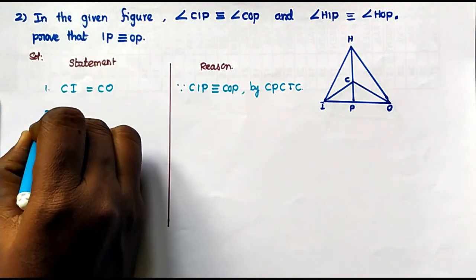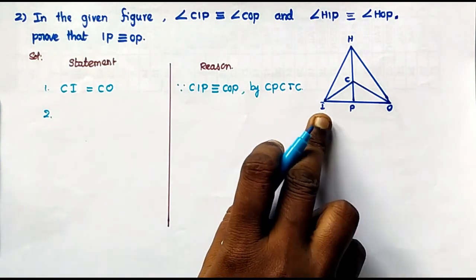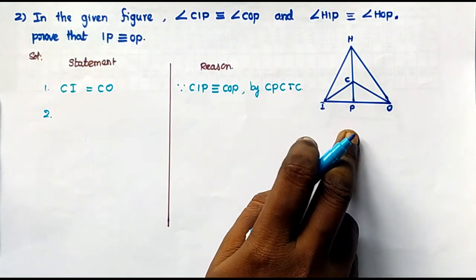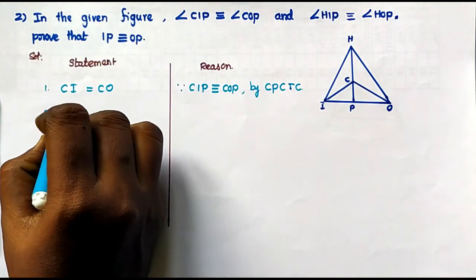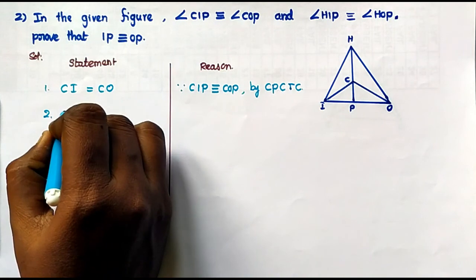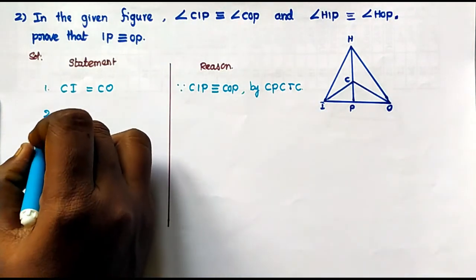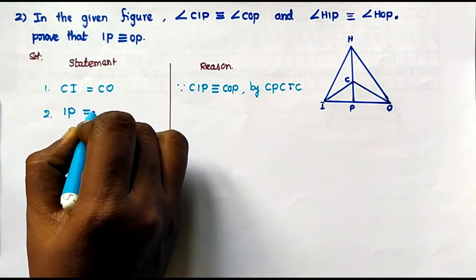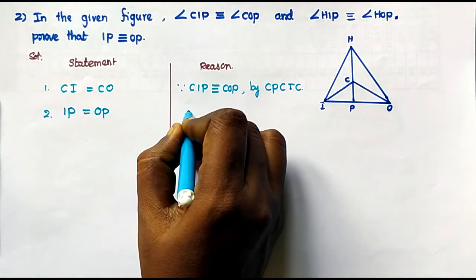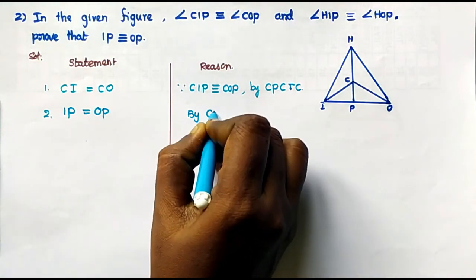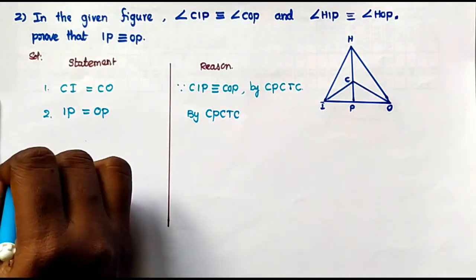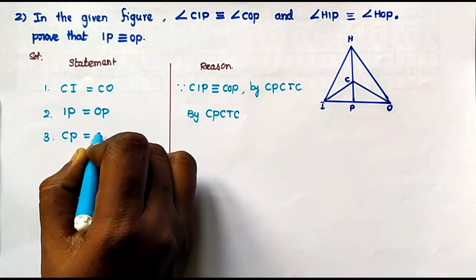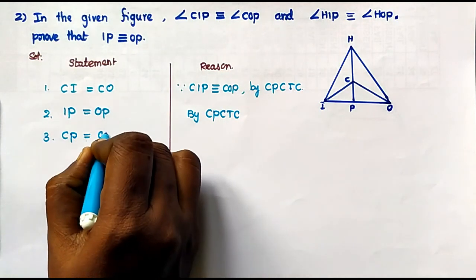Next one. Here IP equal to OP because P is the midpoint of the side. That is also by CPCTC. Next, CP equal to CP.